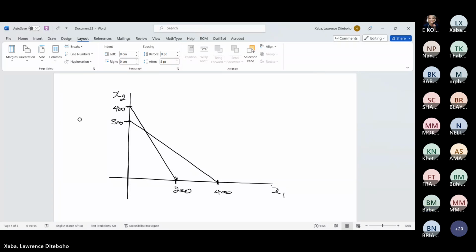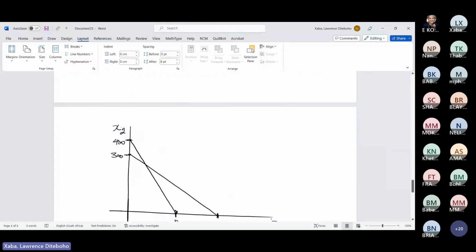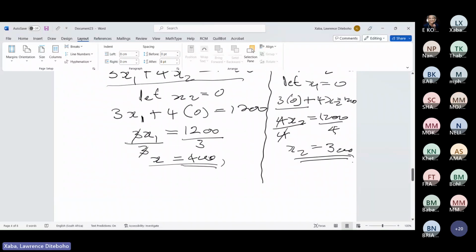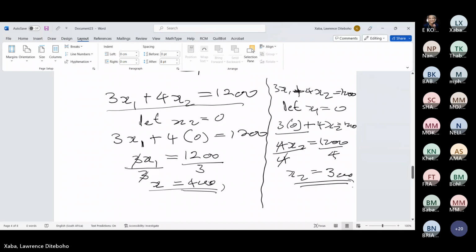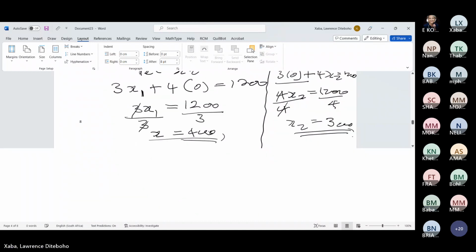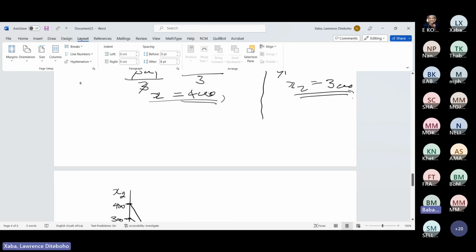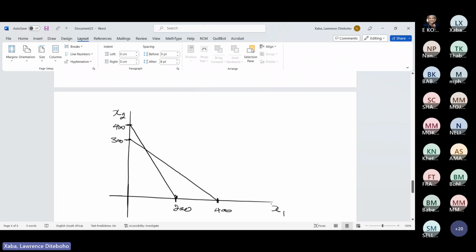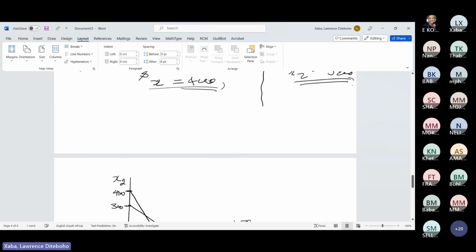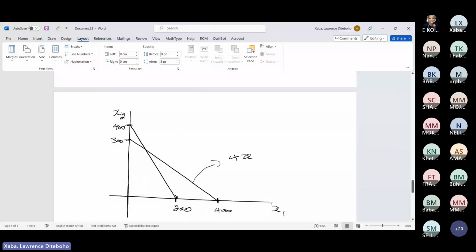I'm going to label it just to remind you that 3x1 and 4x2 gave us 400 and 300. So the equation there is, you'll correct me, is it 3 or 4? Okay, it's 3.